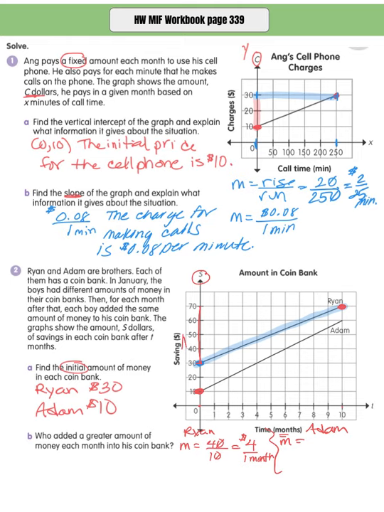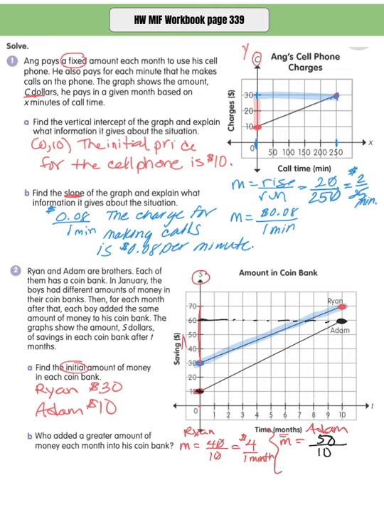Okay. Next, Adam. Okay, so Adam's, let's look. He started at 10, and we're going to go to here. So we're here, right? Just to make it clear. So from 10 to 60, the difference is 50. And then we're still doing it over 10 months, right?